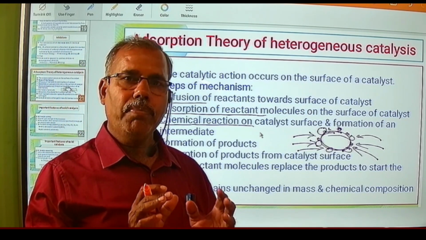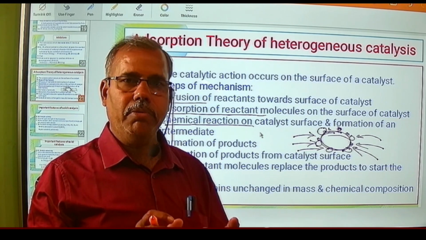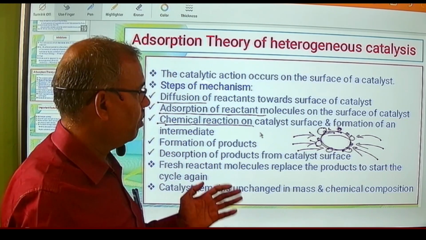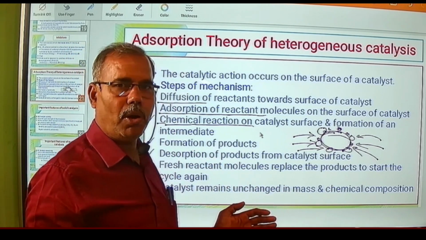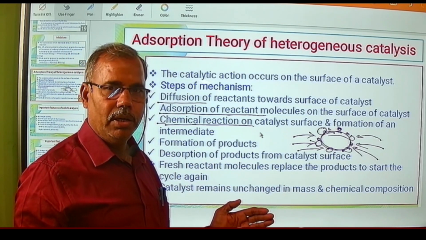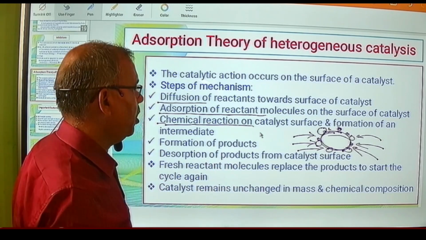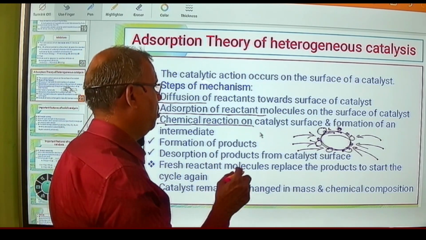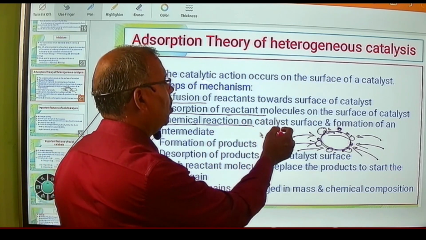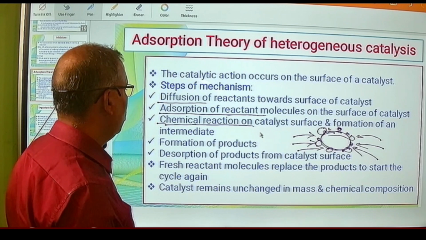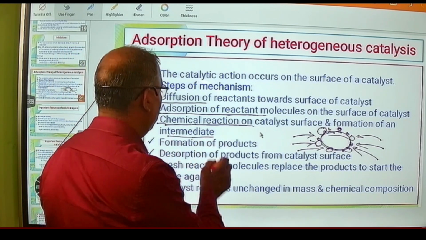It is the in-between species between the reactants and products. From reactants, the intermediate is formed, which is quite unstable. It is a short-lived species, and from this species the main, desired product is formed.